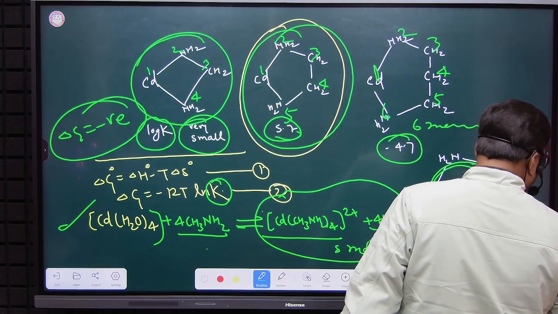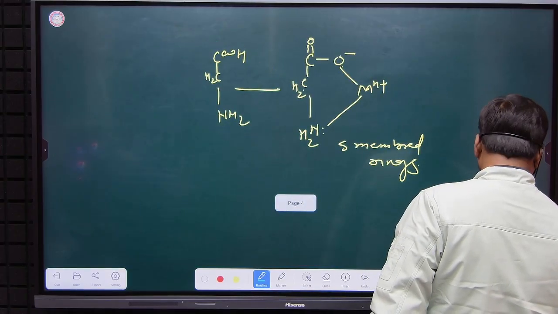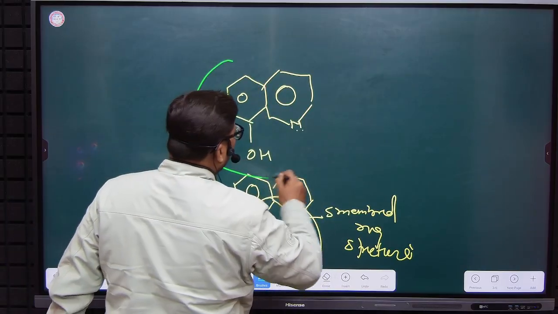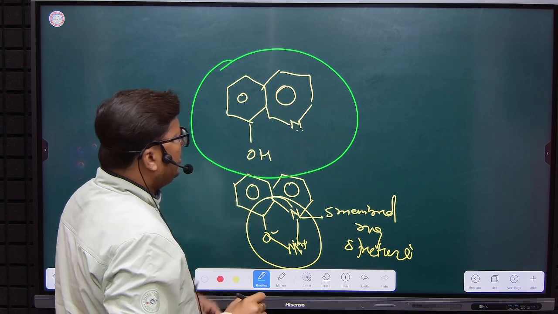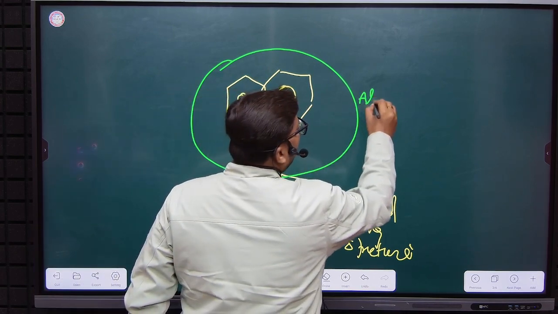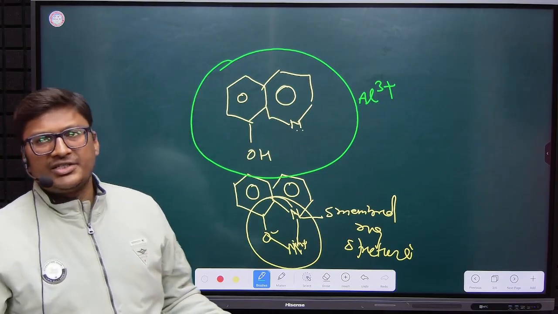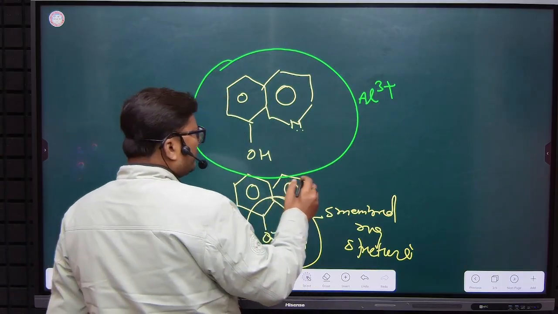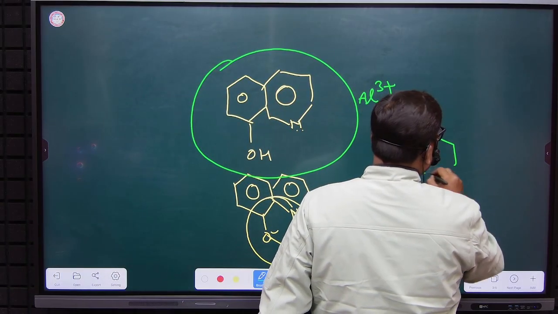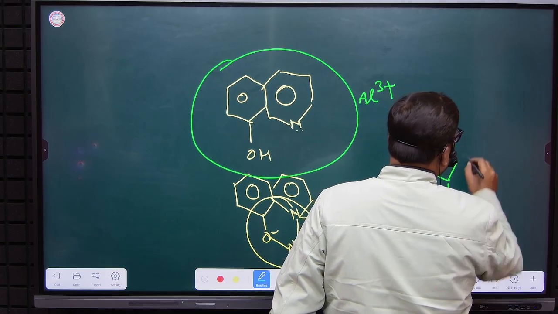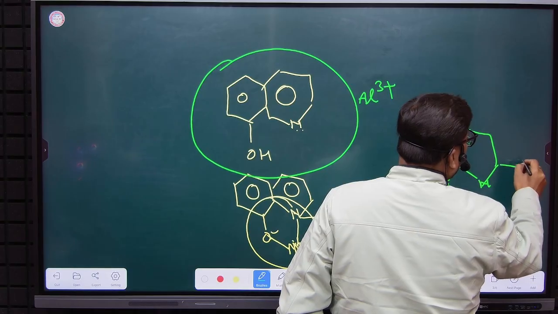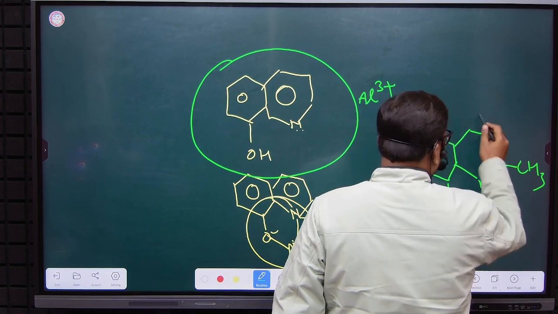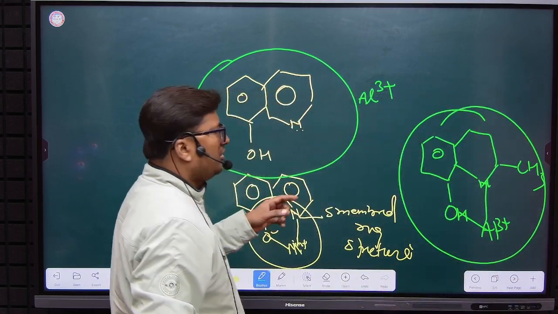Now another terminology. This is 8-hydroxyquinoline. It can easily form complexes with aluminum 3+, forming a gelatinous white precipitate. But once we add a CH3 group at the second position, it still forms complexes but less stable compared to this, because of steric factors.